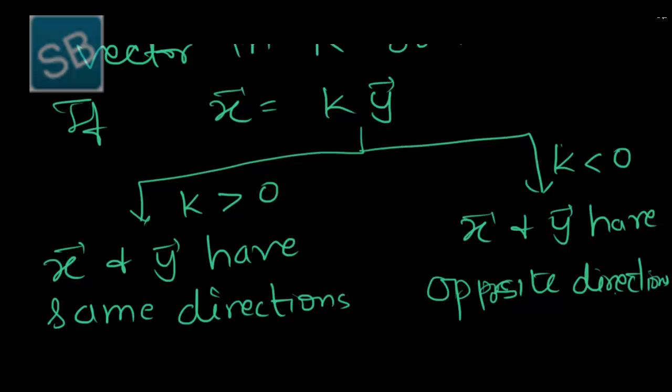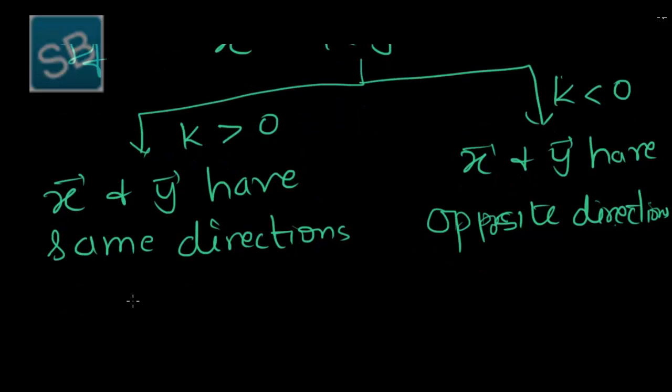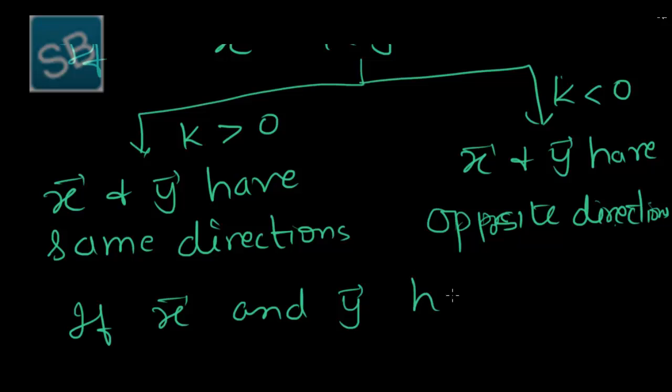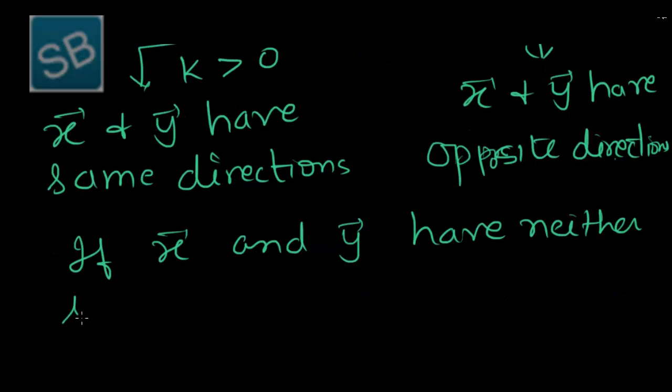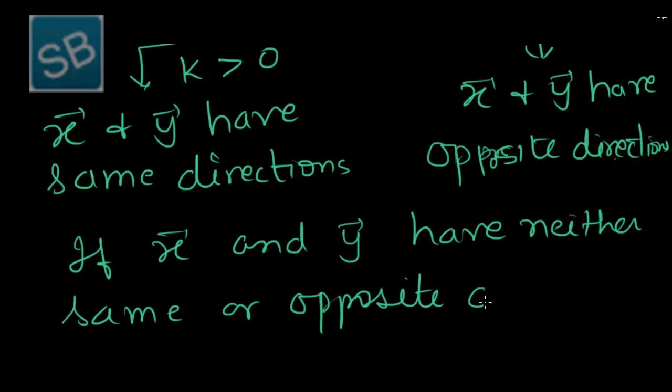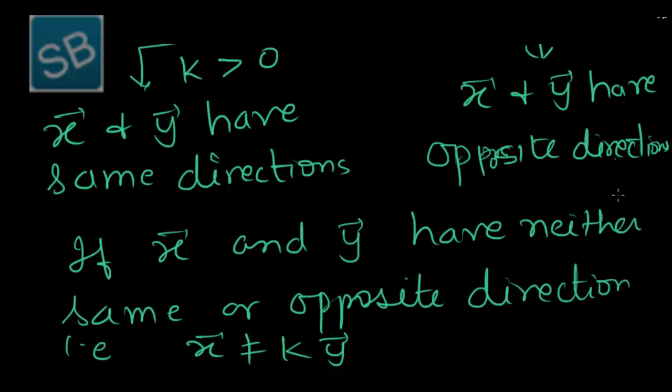And what happens if x and y have neither the same nor opposite direction, that is, vector x is not equal to k times vector y?